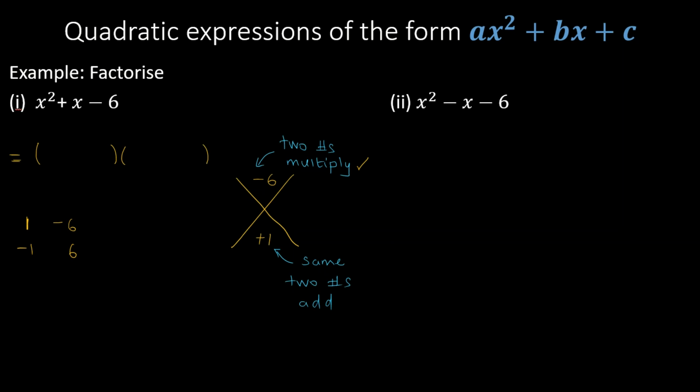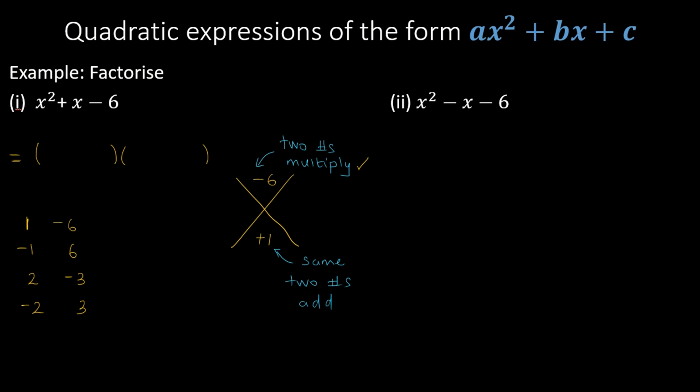We can swap the signs. Oh, we can have 2 times negative 3. It gives negative 6. Or negative 2 times 3. It gives negative 6. Do we have other possibilities? No.